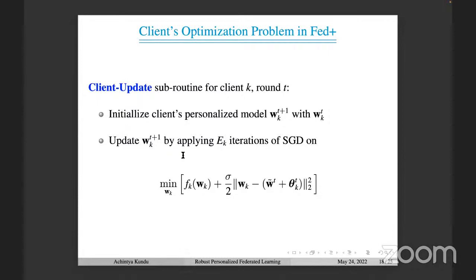For example, last time I sent, let's say, WKT to the server, so I'll start with that because I have that personalized model, which was learned over several iterations. I don't want to again start from the global model, which is the same across all the data sets. So this is another innovation that we bring in, and it keeps continuity in the learning, because you are always starting from where you left off.